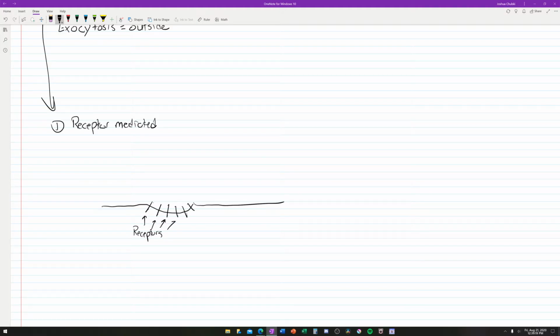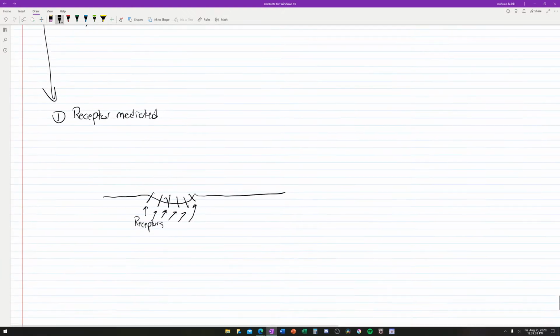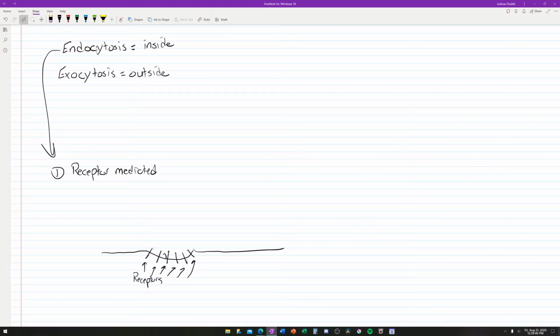Remember, we talked about receptor mediated: they're specific, they will only bind certain things. They're just sitting there waiting for a substance to bind them. Let's just say it's substance diamond. It doesn't matter what it is. Let's just say substance diamond binds to it.